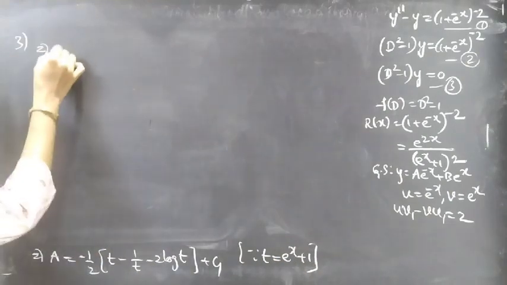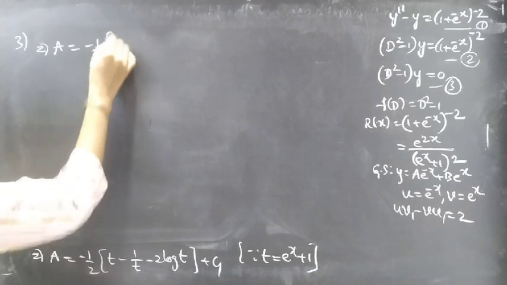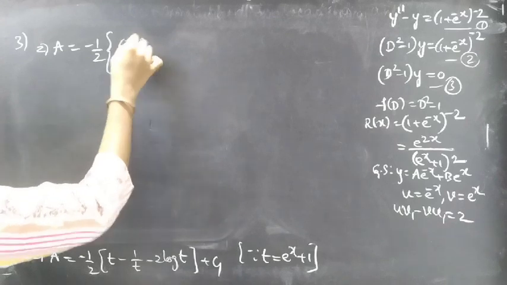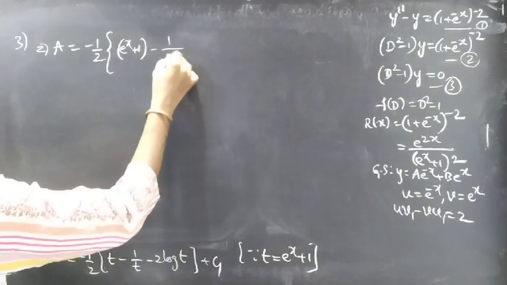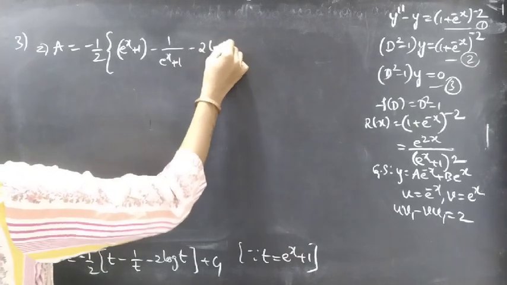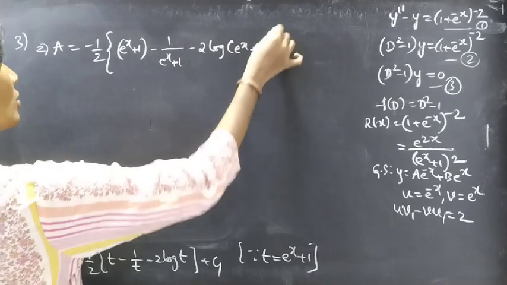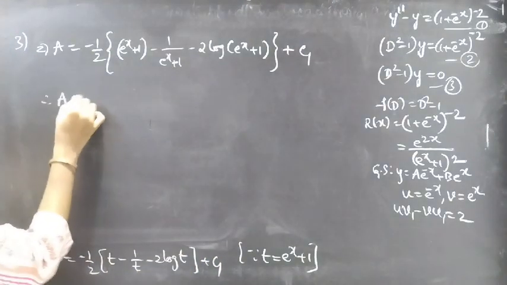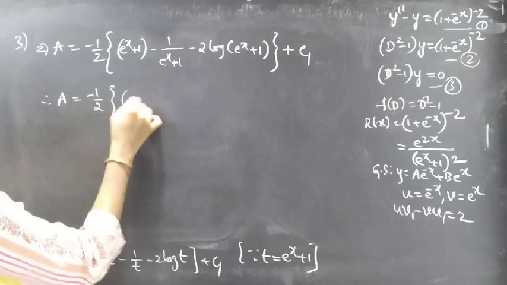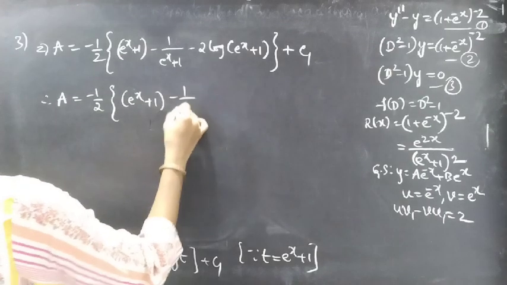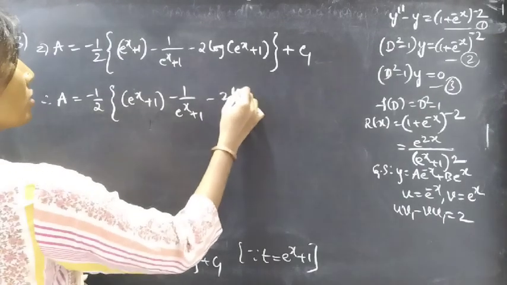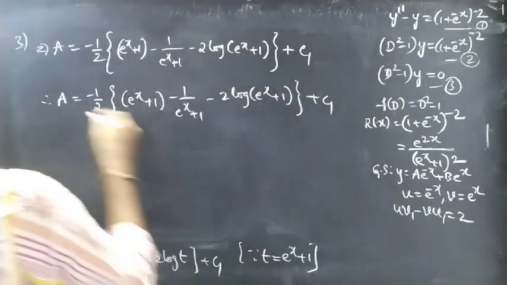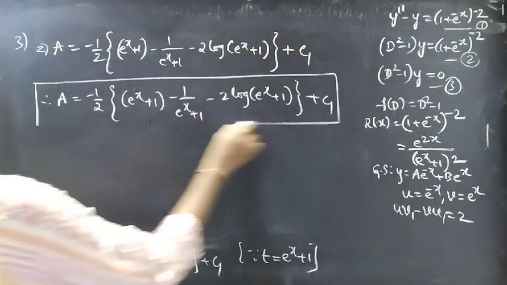Then A becomes minus 1 by 2 of, just replace t with e power x plus 1, you'll get e power x plus 1 minus 1 by e power x plus 1 minus 2 log of e power x plus 1, plus c1. Therefore, A equal to minus 1 by 2 of e power x plus 1 minus 1 by e power x plus 1 minus 2 log of e power x plus 1, plus c1. We got A. Let's now find B dash and B.